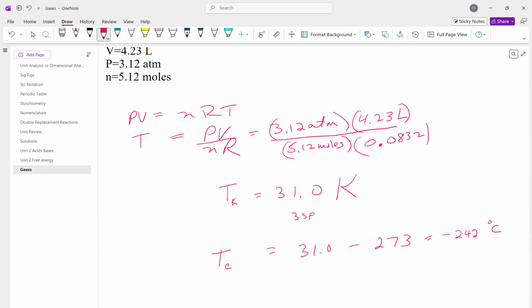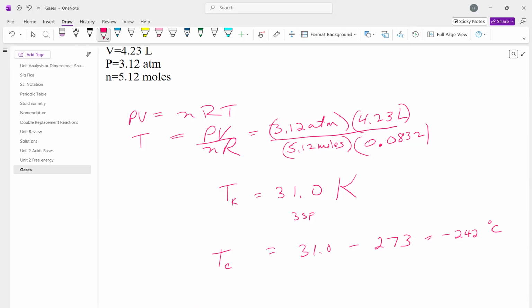So minus 242. That's one cold balloon. But then you asked us in Celsius, wait, that was in Kelvin.